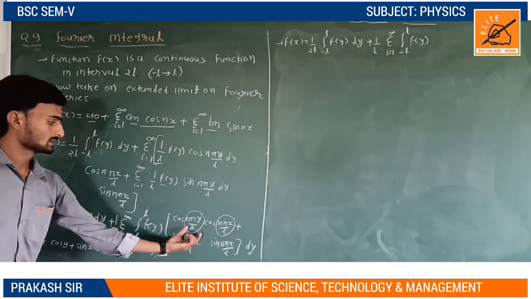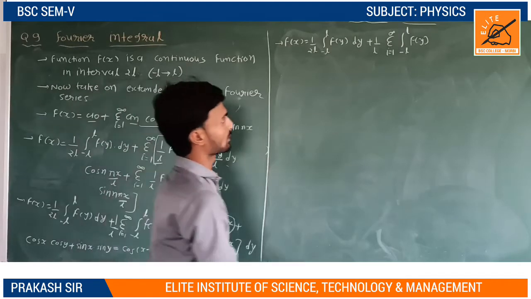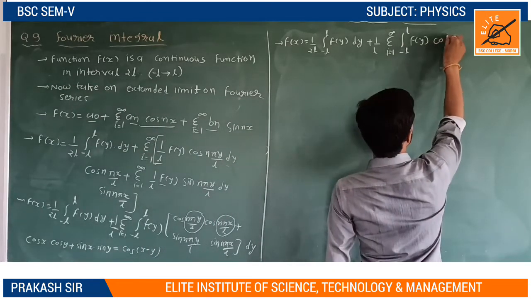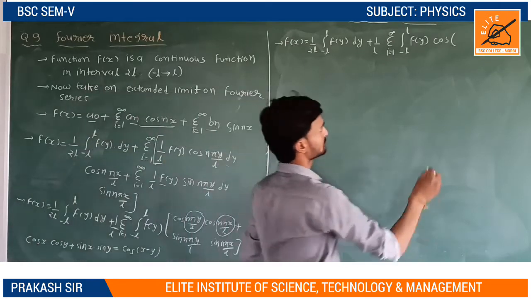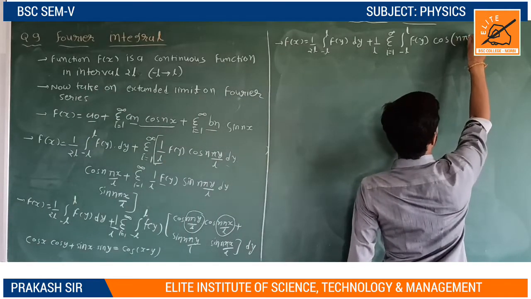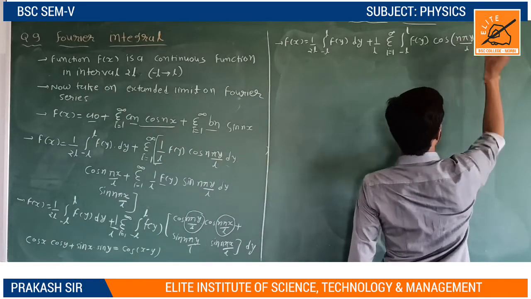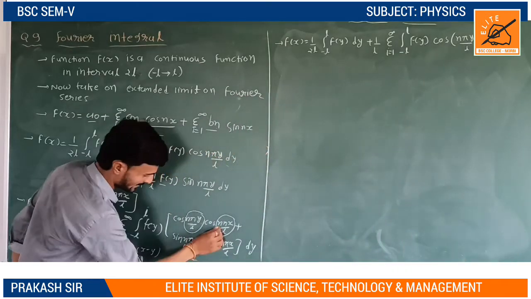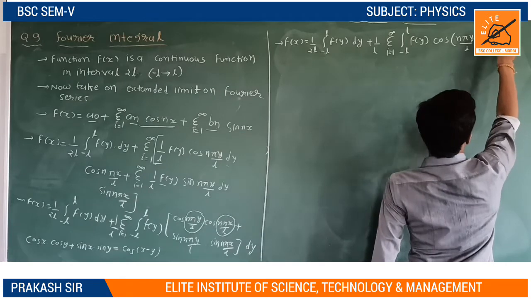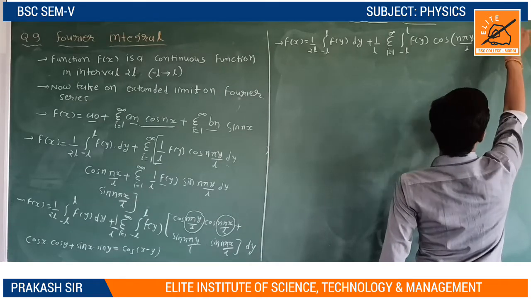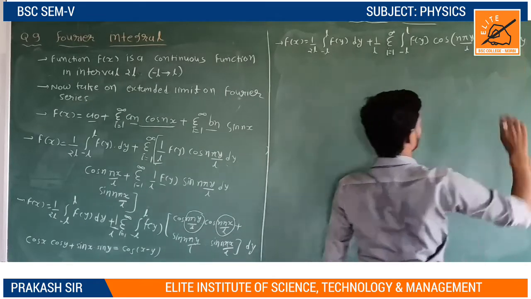Now all this is converted to this type of equation: cos of the x angle n pi y upon L and the y angle n pi x upon L, into dy.